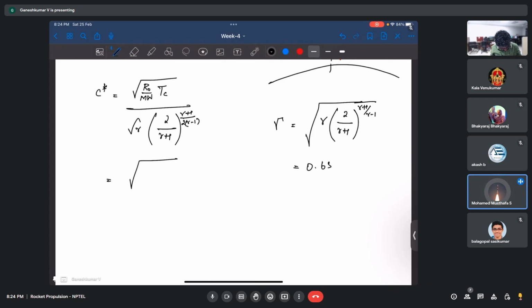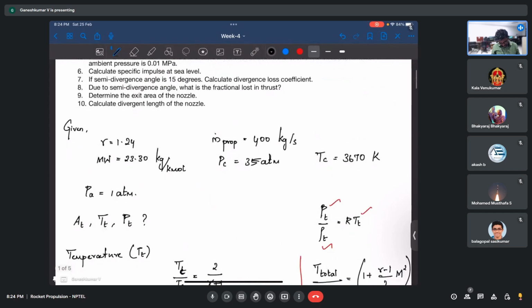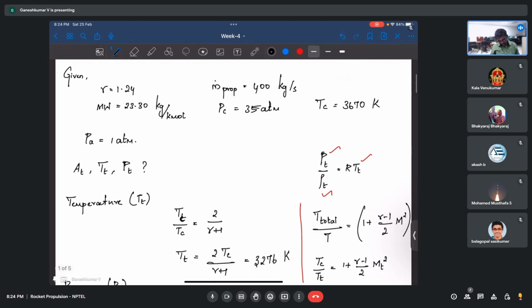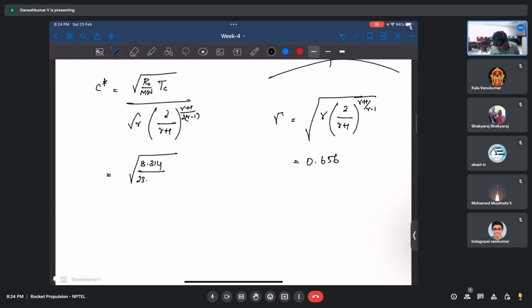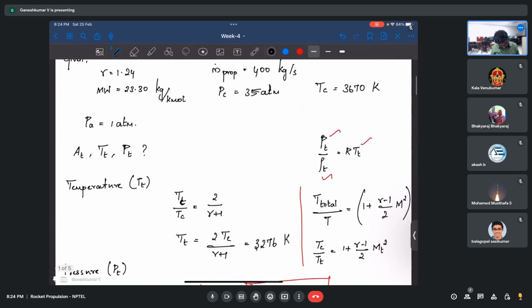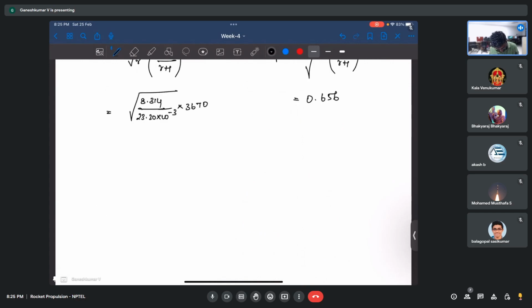How much are you getting for this capital gamma? 0.656, sir. C star is going to be 8.314 divided by the molecular weight, 23.3 kg per kilomole, so you need to divide by 1000, times TC. What is TC? 3670. Alright, 3670 divided by 0.656.